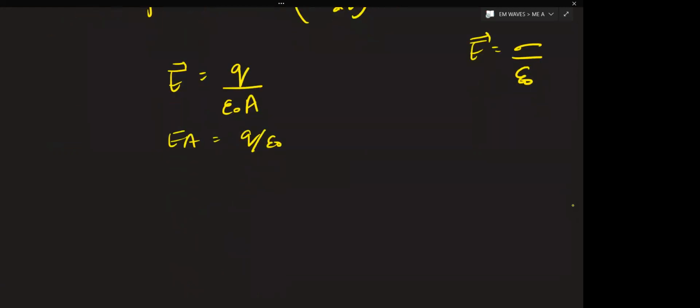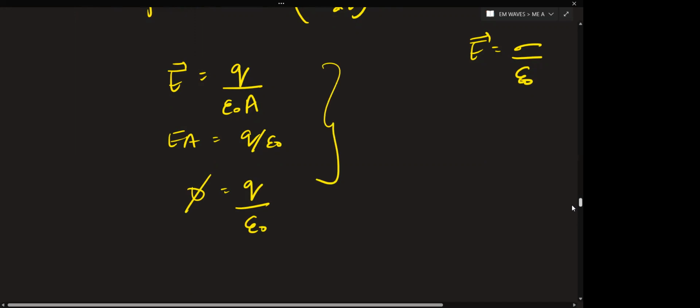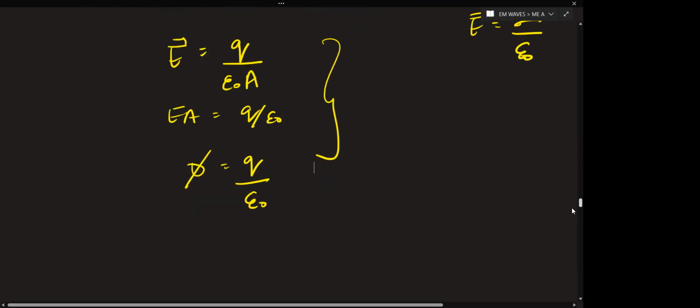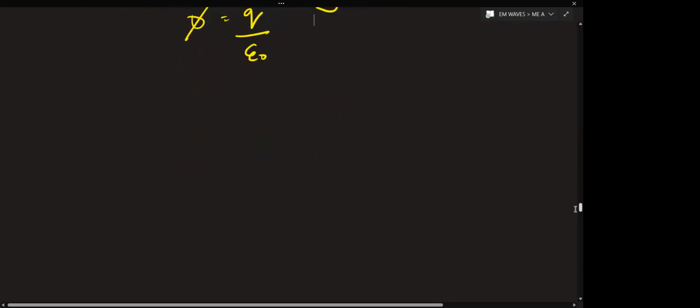So flux will be equal to what? Flux is equal to Q by epsilon naught, which you already know. I'm just revising these here. These are not necessary, but since we are doing a proof, you have to prove all the steps. That's why. So phi E, the electric flux, will be Q by epsilon naught.